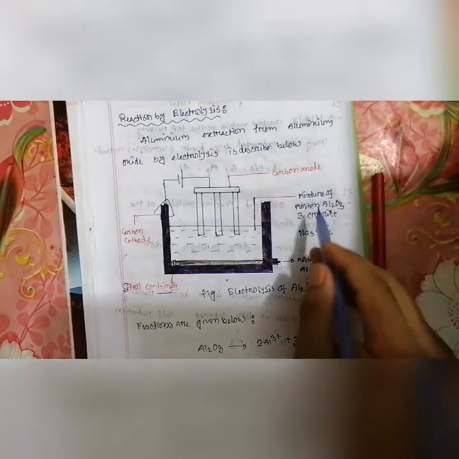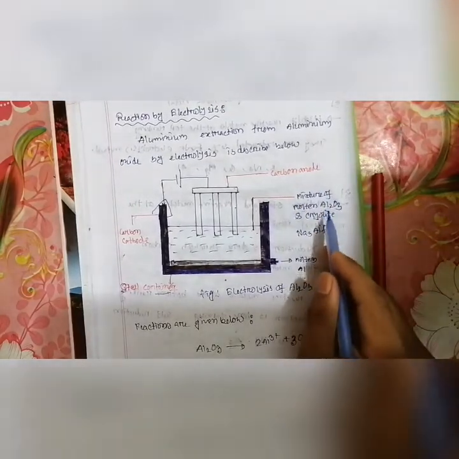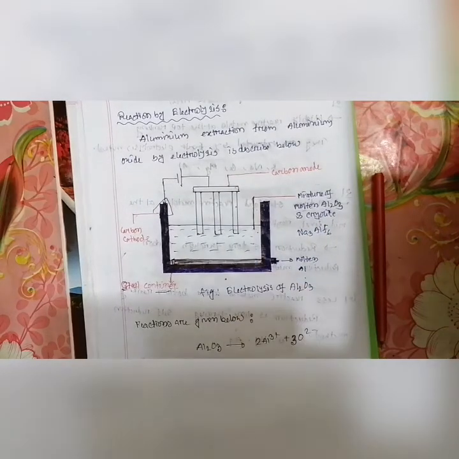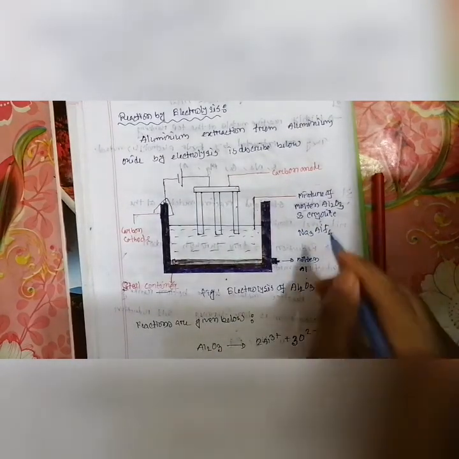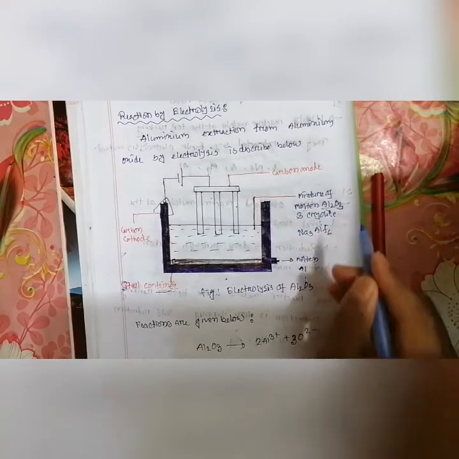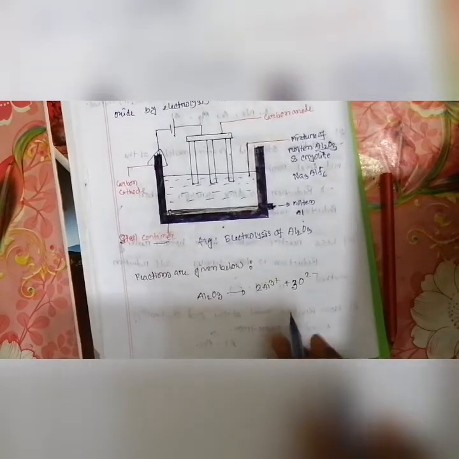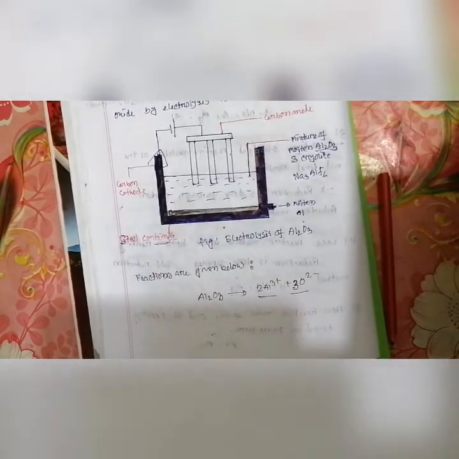That means the mixture of molten aluminum oxide and cryolite lowers the melting temperature of aluminum oxide, and it will produce ions of aluminum and ions of oxide.